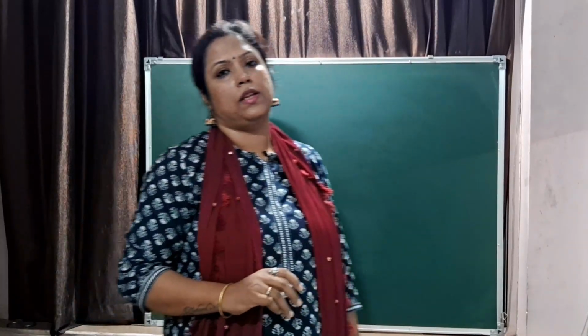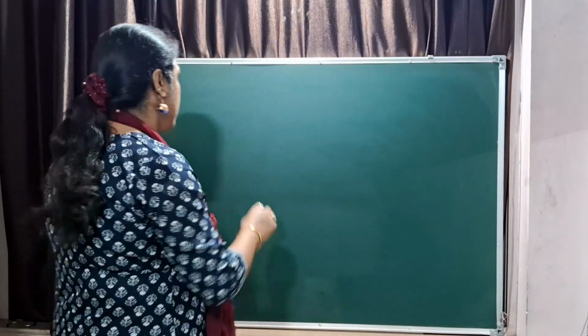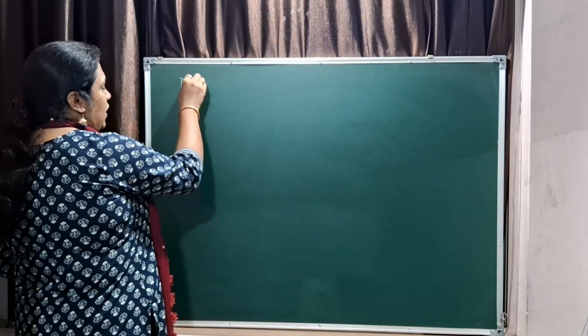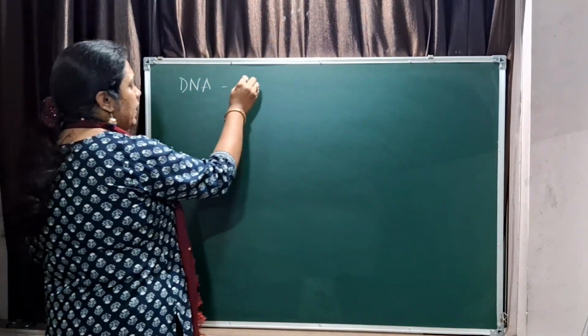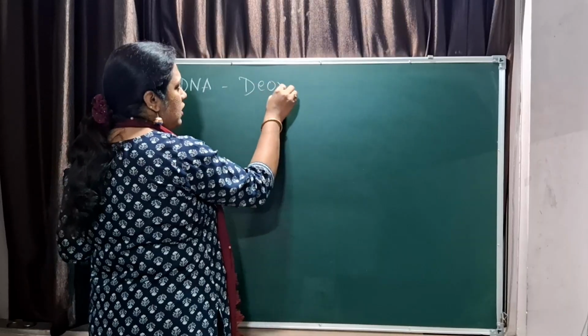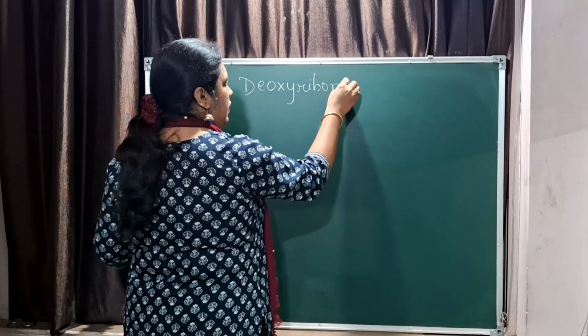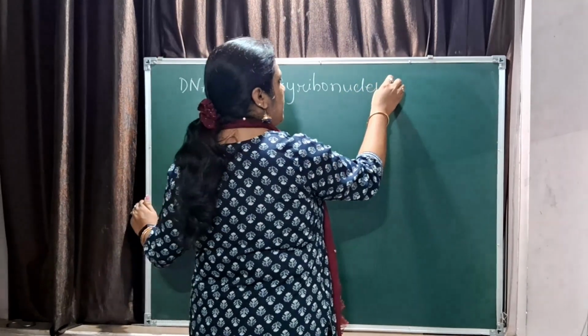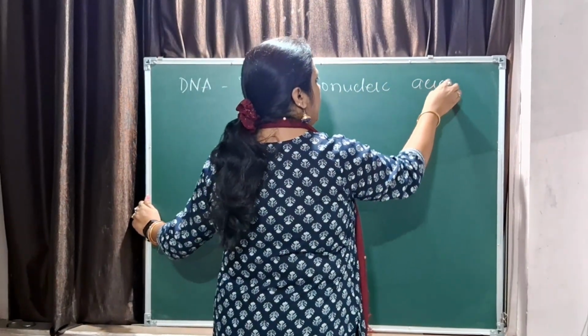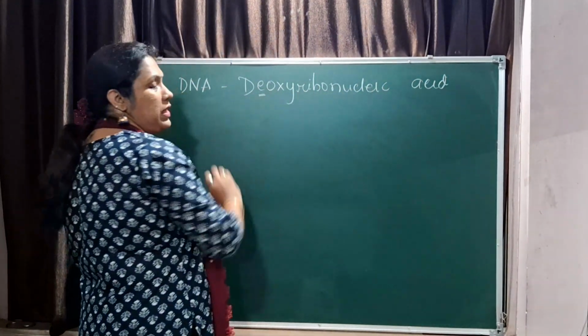So next topic that we are going to cover in this chapter is DNA. What is DNA? DNA is a very important question in your exam. So DNA is deoxyribonucleic acid. Remember the spelling. You cannot have DI, it has to be DE.